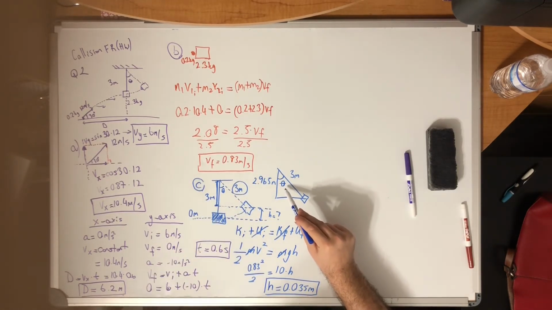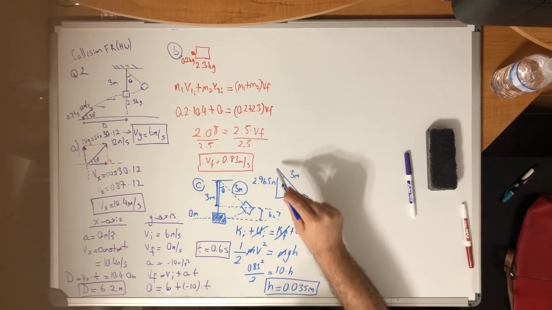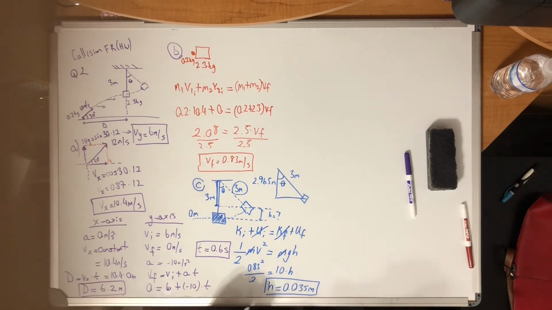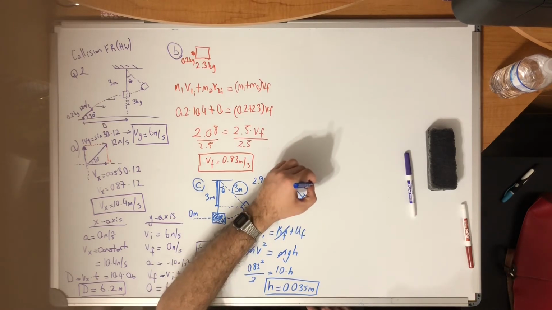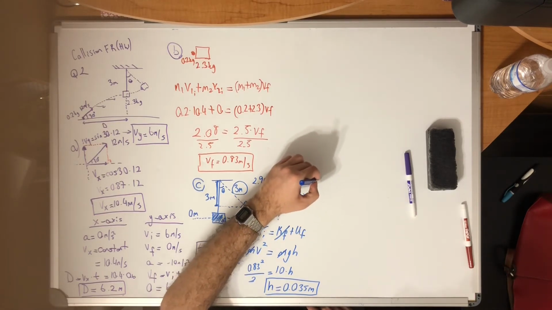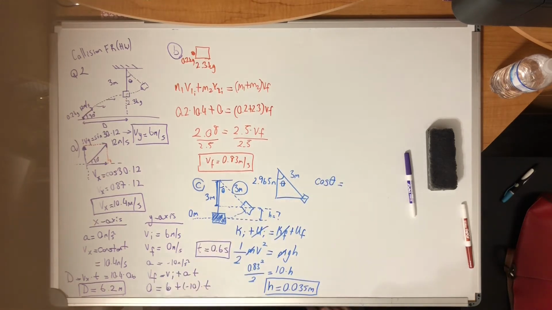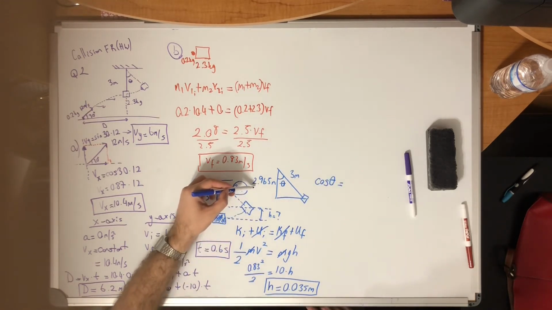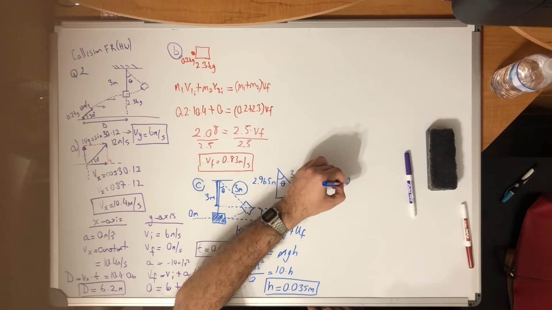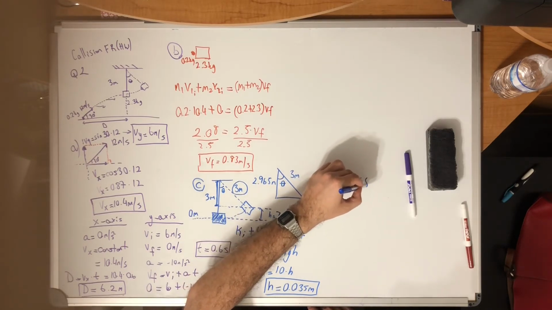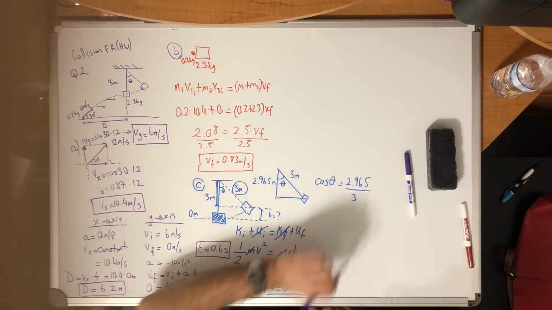Alright, so now to be able to find the angle theta, remember cosine of this angle, cosine theta, will give me adjacent divided by hypotenuse. So cosine theta is equal to 2.965 divided by 3.